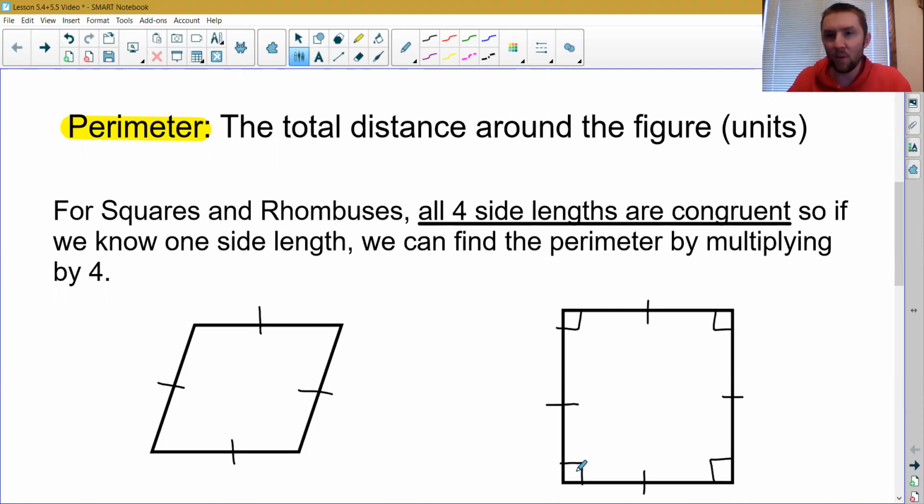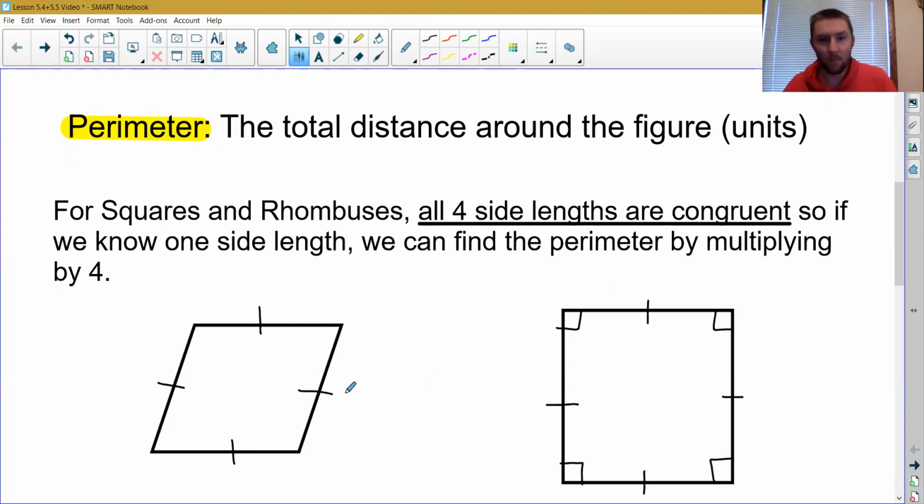Because the four side lengths are all the same, remembering that the perimeter is just the total of all the sides, I can just take one of the side lengths and multiply it by 4. So that works for the perimeter of both squares and rhombuses. If you know one side length, you can simply find the perimeter by multiplying it by 4.